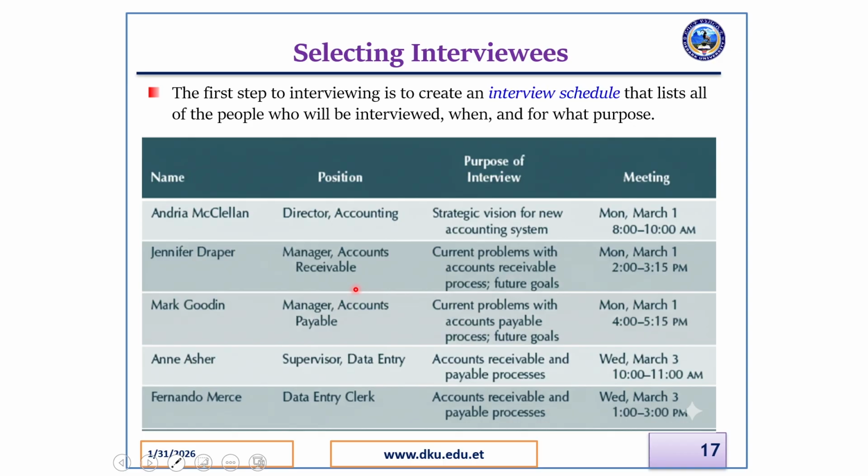The purpose of the interview is current problems with the accounts payable process and future goals. The meeting time is Monday, March 1 from 4 to 5 p.m. and so on. This is how we select interviewees.